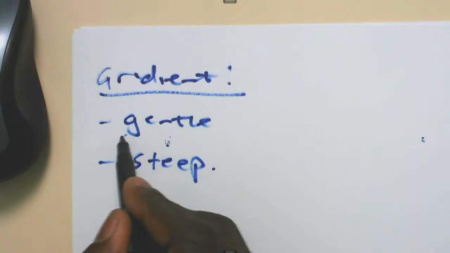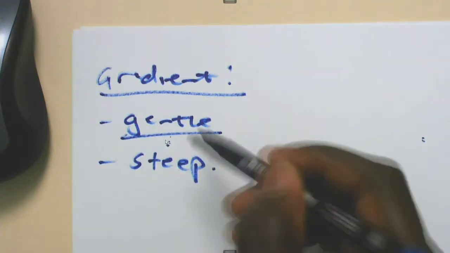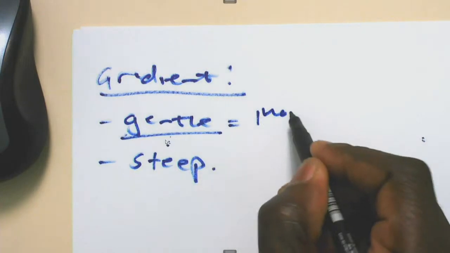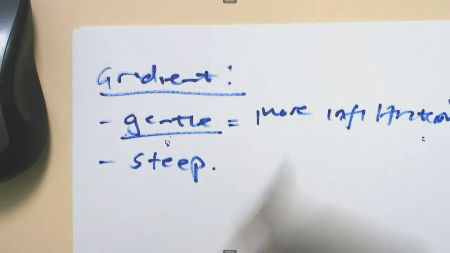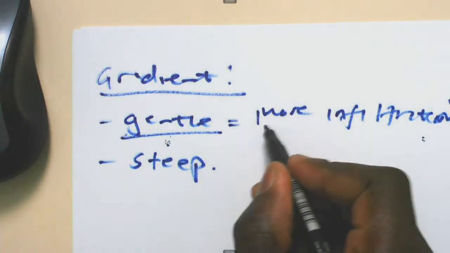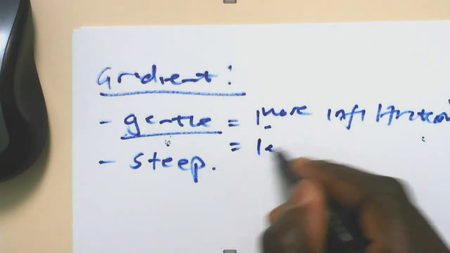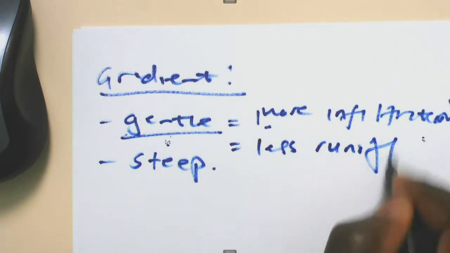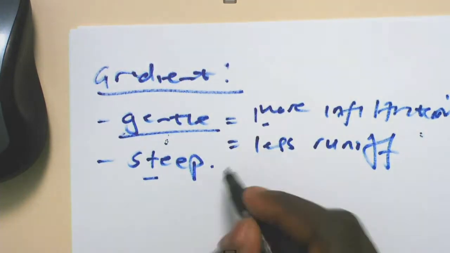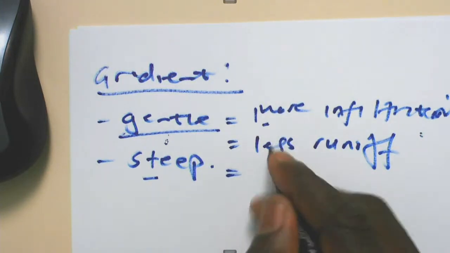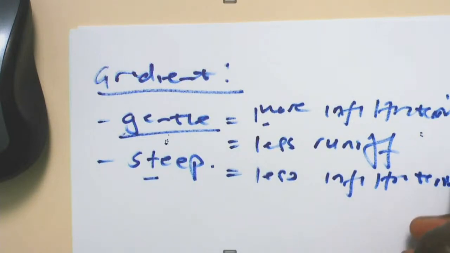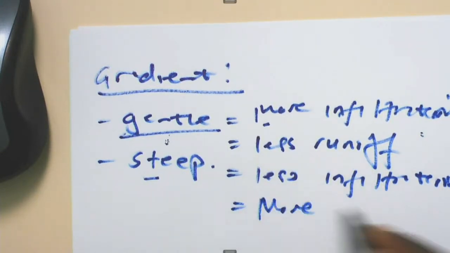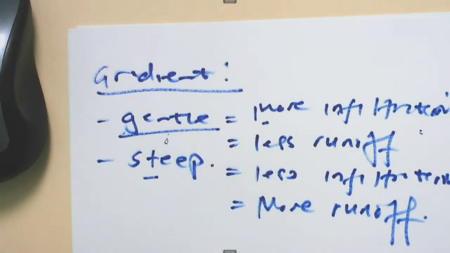If the gradient is gentle, there will be more infiltration, and if there is more infiltration, there will be less runoff. If the gradient is steep, there will be less infiltration, and then there will be more surface runoff.